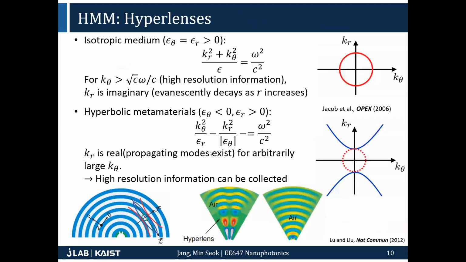Okay, so now let me tell you why this is important. This is important because you can use this to create what are called hyperlenses. So what is a hyperlens? In order to understand that, let's look at this equation. First, this is the normal case. So in a regular material at a fixed frequency, Kr and K theta always form a circle in the far field.